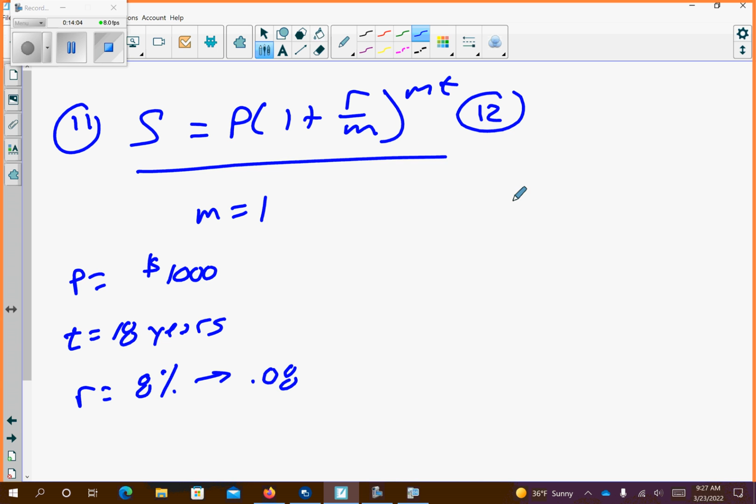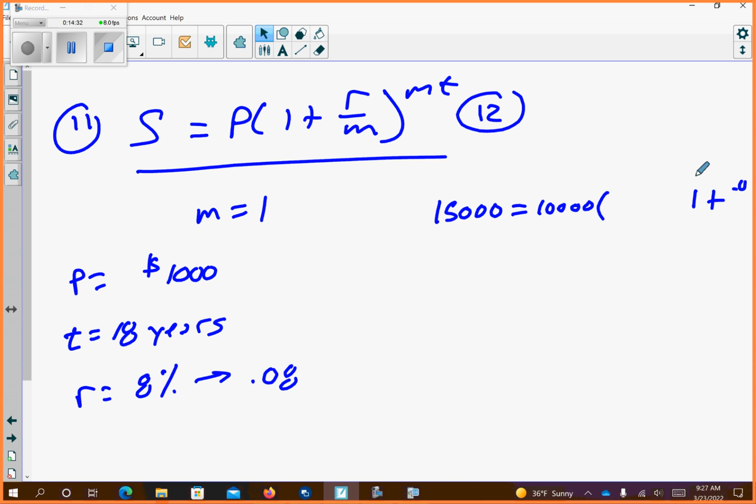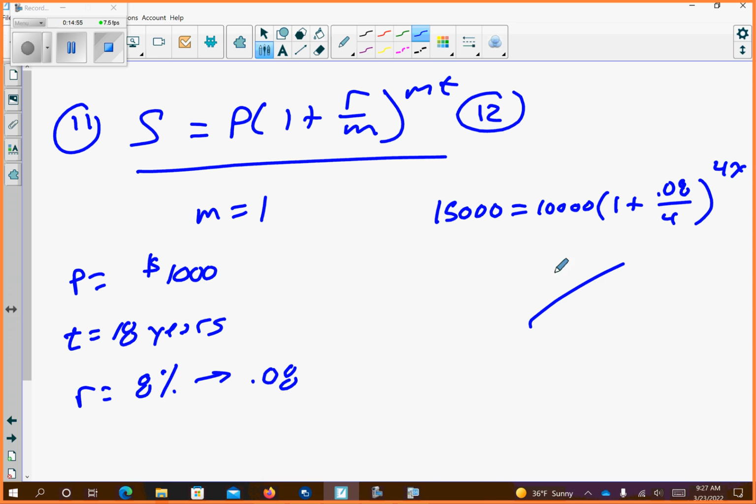You're going to use the same equation, but you're going to have 15,000 equal to 10,000 times 1 plus the rate, 0.08, over 4, quarterly, raised to 4 times X. Graph both sides, figure out where the two graphs intersect each other, looking for the X value. That's the time.